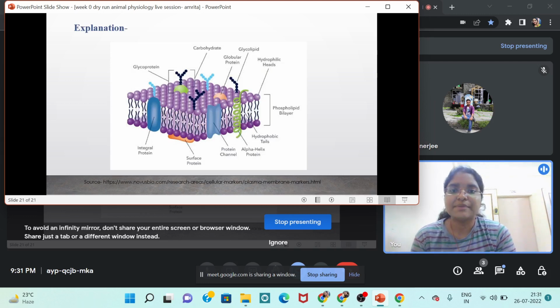The plasma membrane is a phospholipid bilayer semi-permeable membrane, and as we can see here, there are two lipid layers, and the proteins and carbohydrates are embedded in them, as well as lipids. So the correct answer is the plasma membrane is a phospholipid bilayer with proteins and carbohydrates embedded in it.